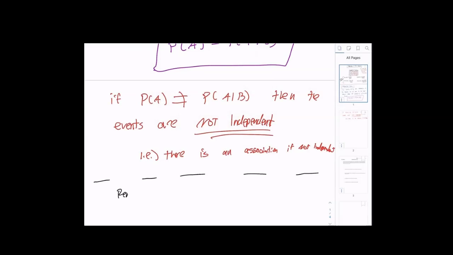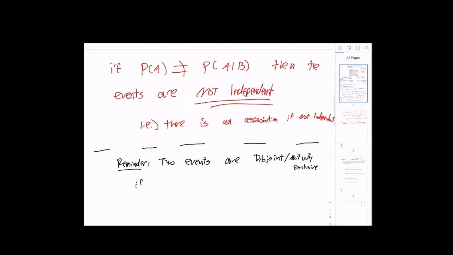As a reminder, two events are disjoint or mutually exclusive if the probability of A and B equals 0.